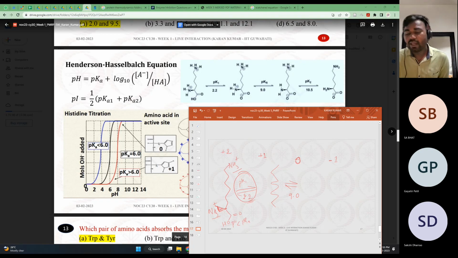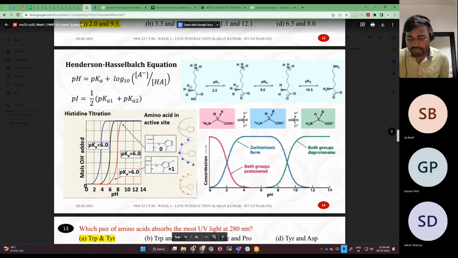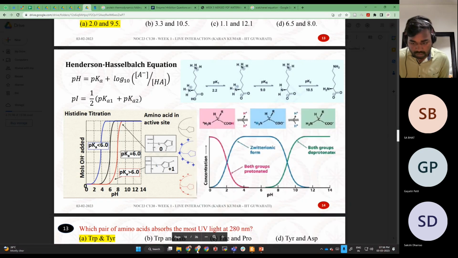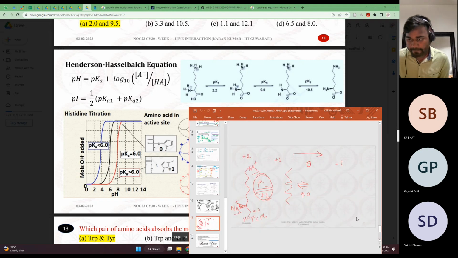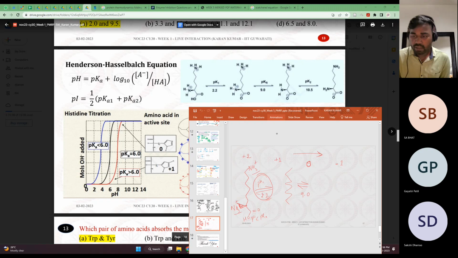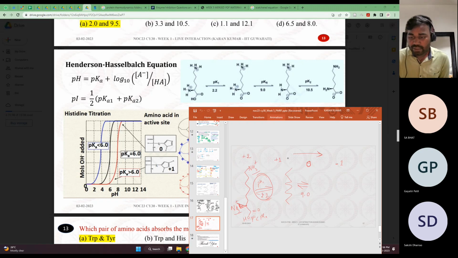You have to check where you are getting this transition: positive to 0 to negative. Okay, so these two pKa you will sum up and divide by 2, and that will give you the correct pI value.